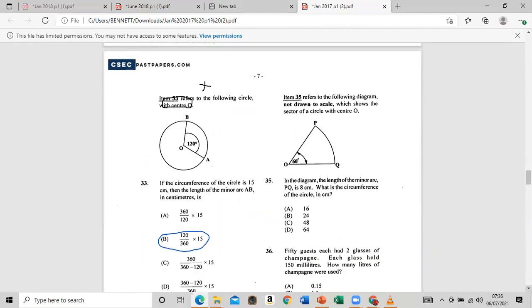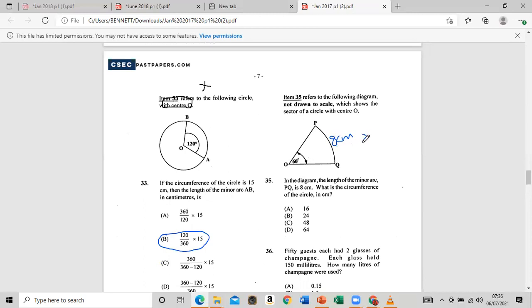Alright, 35. In the diagram, the length of the minor arc PQ is 8 centimeters. So let me put that in. Guys, write on the paper all the information, right? What is the circumference? So basically what they're saying is that 60 degrees is equal to 8. For every 60 degrees, you're going to get 8, right?